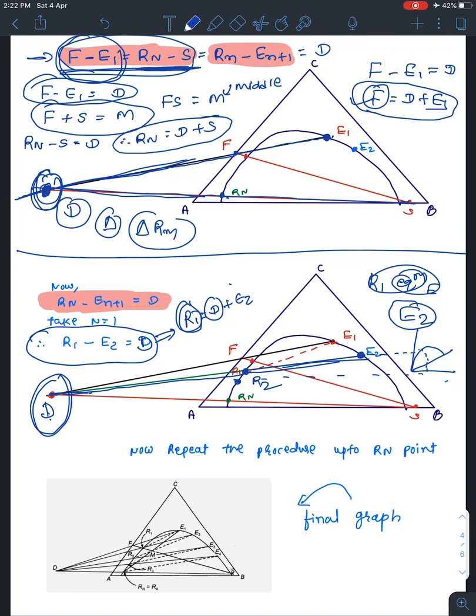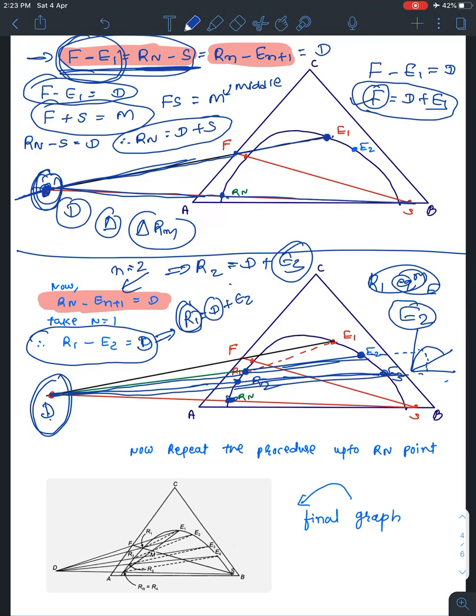Now again I'll join R2 to the D point, and here I'll come up with the E3 point, using the similar equation. If I use n equal to 2, R2 equals D plus E3, so I get the E3 point. Likewise we need to continue this procedure up to the Rn point.